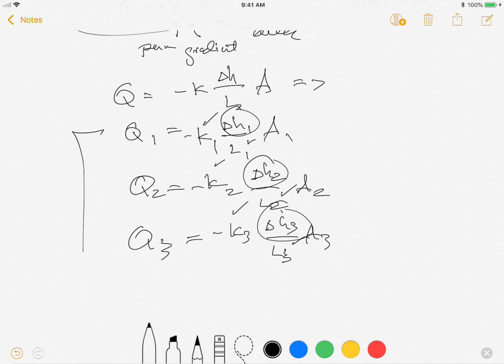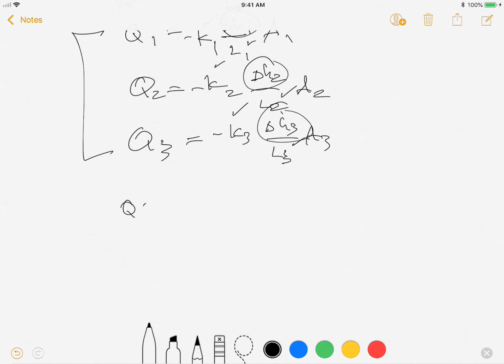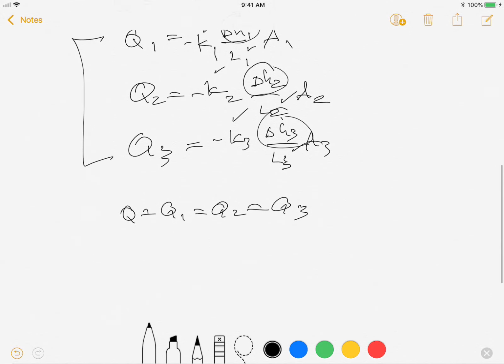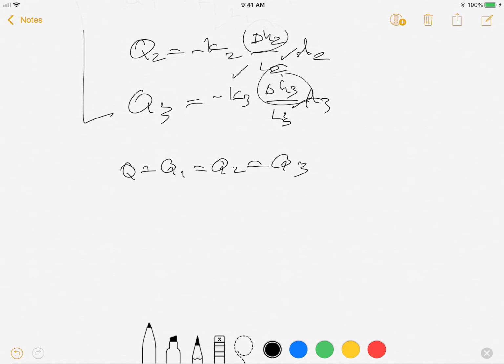First, we start with these constitutive relationships, and then we substitute in the idea of continuity. Remember that Q is equal to Q1, which is equal to Q2, which is equal to Q3, so we can write everything in terms of each other. Ultimately we're going to write everything in terms of H2. So negative K1 delta H1 over L1 multiplied by area 1 is equal to negative K2 delta H2 divided by L2 multiplied by area 2.